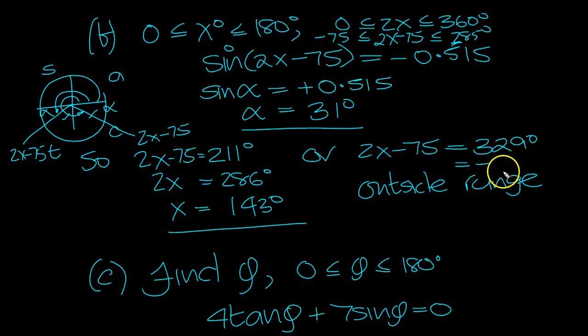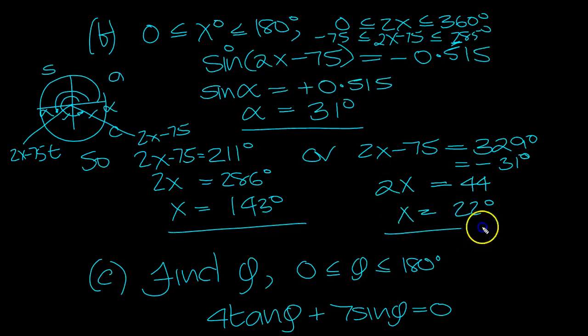So this is fine. So everything's looking a bit better now. So you get minus 31 degrees, and that's inside the range. So 2x add 75, you get 44. So x equals 22 degrees. There we go. That's it.